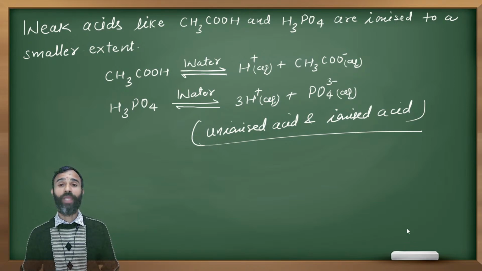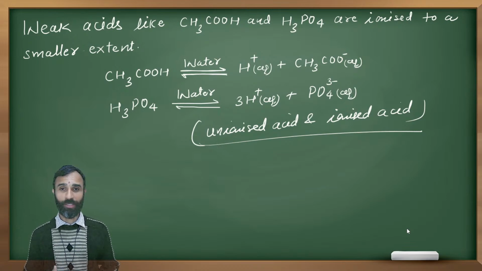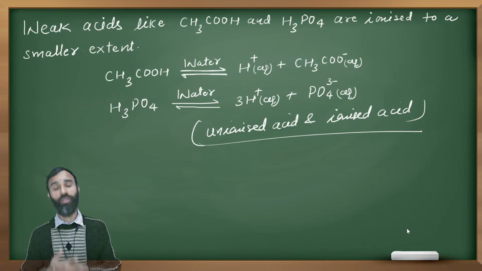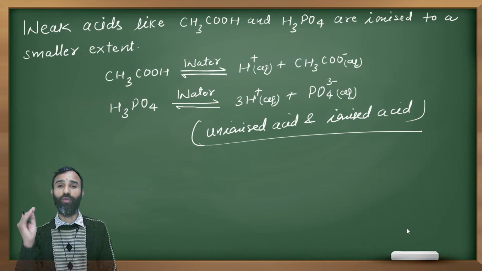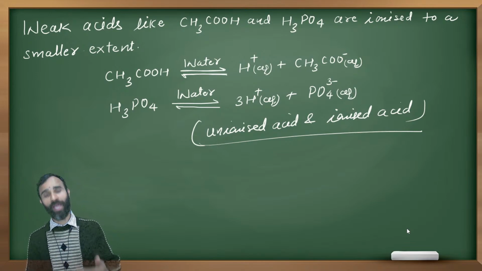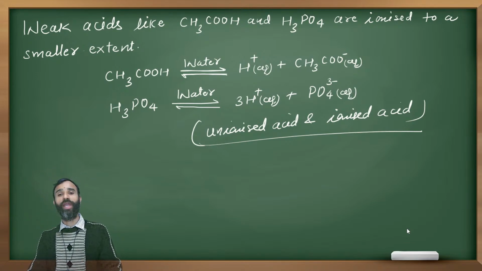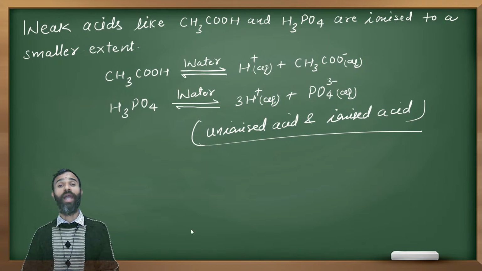I mean to say acid is the one which gives H plus ions in the aqueous solution. If the substance is dissolved in water and it gives H plus ion, then that is called an acid as per Arrhenius concept.